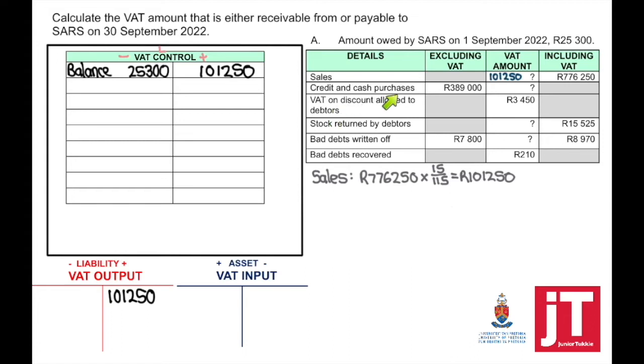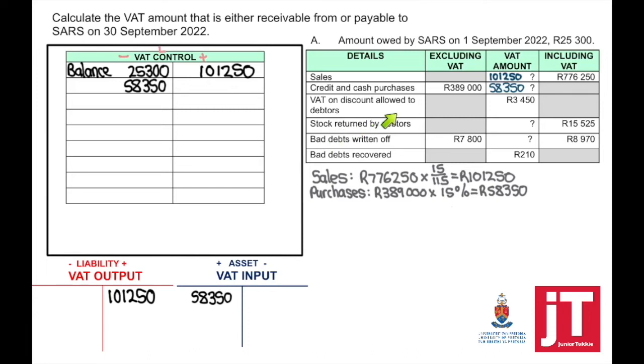Credit and cash purchases: they provided the amount excluding VAT, so to find the VAT amount, we're just going to say times 15%. Credit and cash purchases means items purchased. That input will be debited. If that input is debited, it means my VAT control account will be debited. I'm therefore going to minus that.